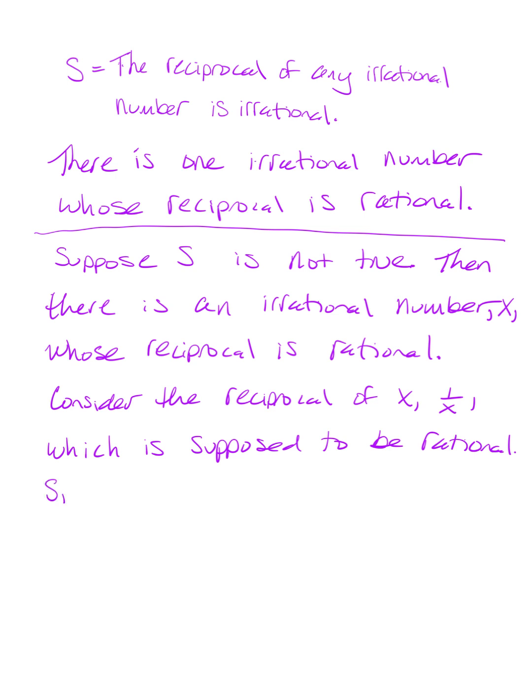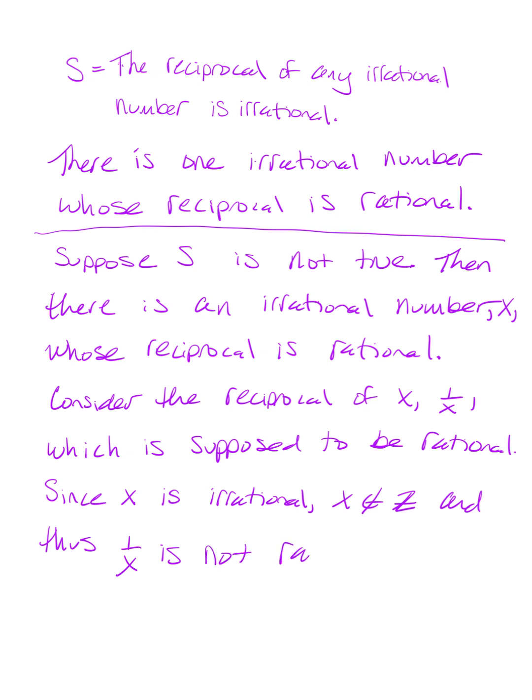So since x is irrational, x cannot be an integer, and thus 1 over x cannot be rational. So we've reached our contradiction and we have proven S. Thus S must be true.